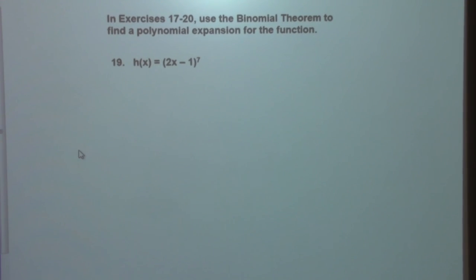Okay, good morning, class. What I want you to do is turn to problem 19 here. It says, use the binomial theorem to find a polynomial expansion for the function. I'm going to abbreviate this problem by changing it, just to shorten it.